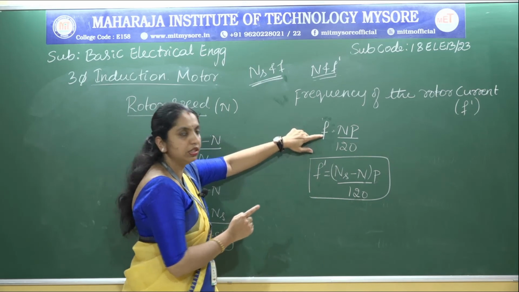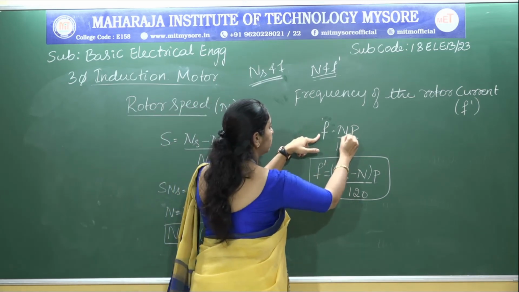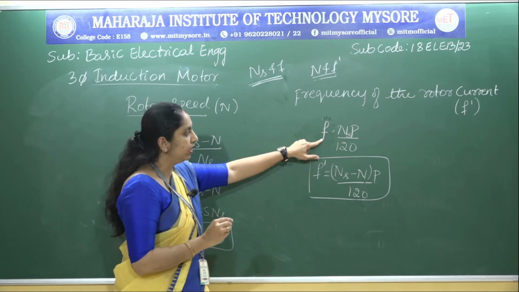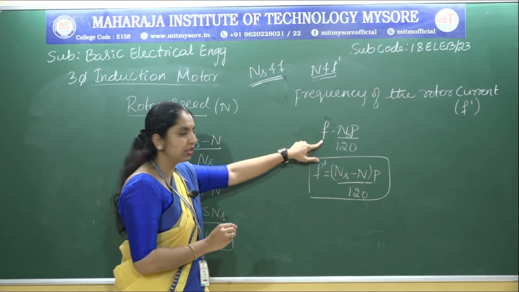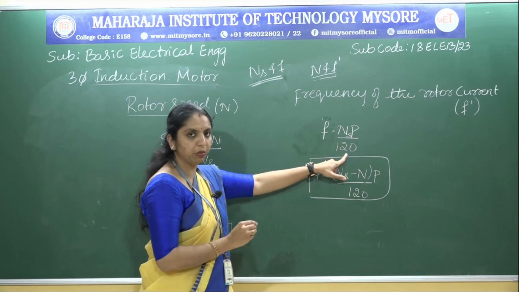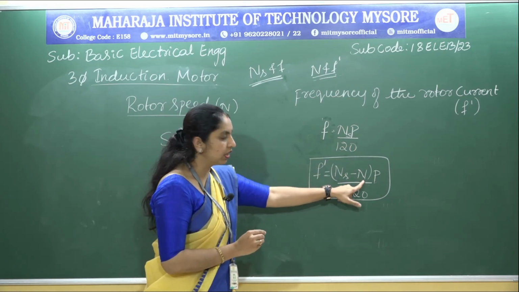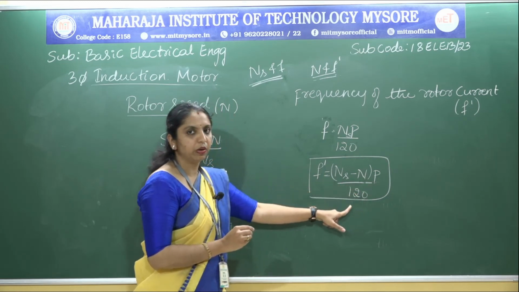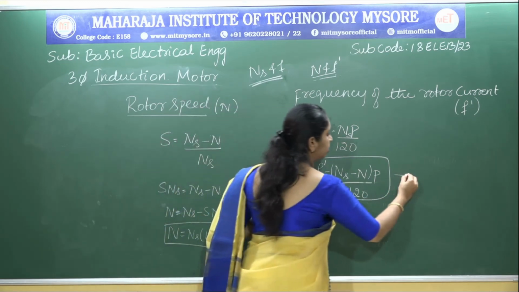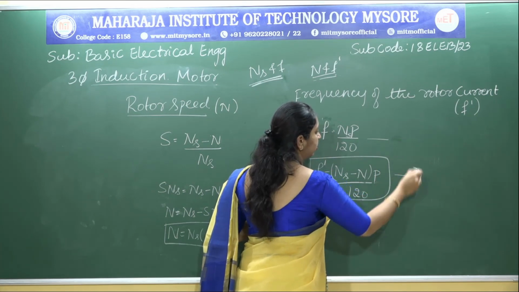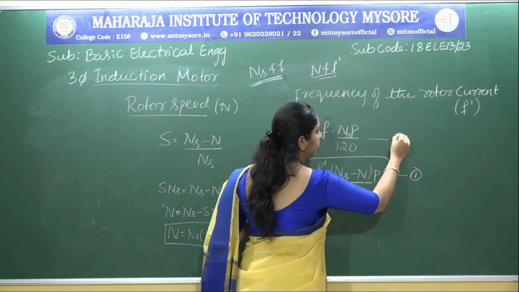Since f depends only on the synchronous speed, f can be considered as ns into p divided by 120, and f dash is ns minus n into p divided by 120. So now we have two equations, one for f dash and another for f. Let us call this equation 1 and this equation 2.